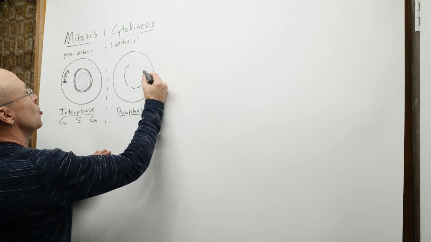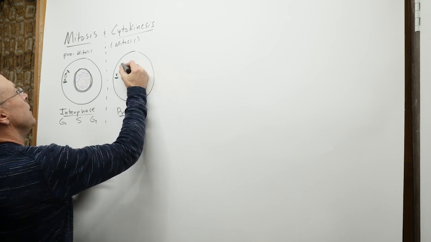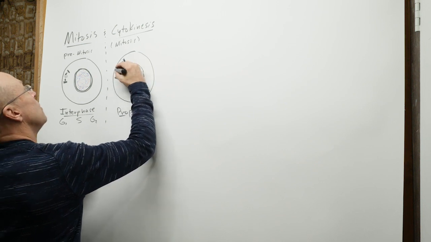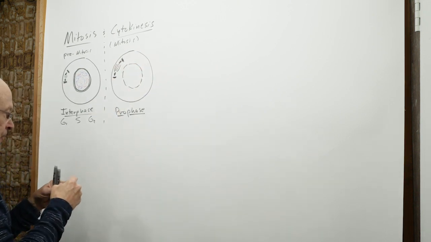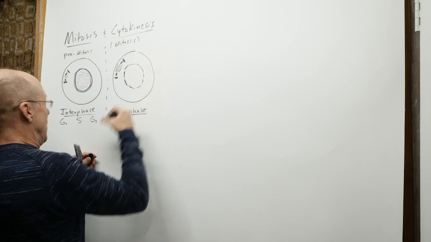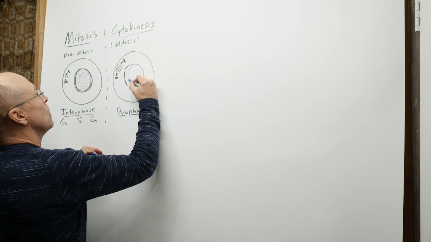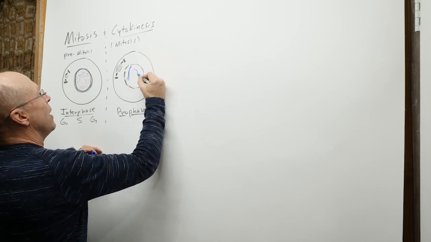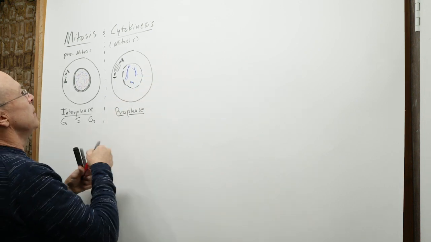You can still see the nucleus, but the changes that are occurring are manifest in the movement of the centrosomes with their spindle microtubules forming here. You still see the nuclear envelope. It looks pretty tight. And you can now see these chromosomes appearing. And these chromosomes are X's, like this, and I'll explain that in a minute.